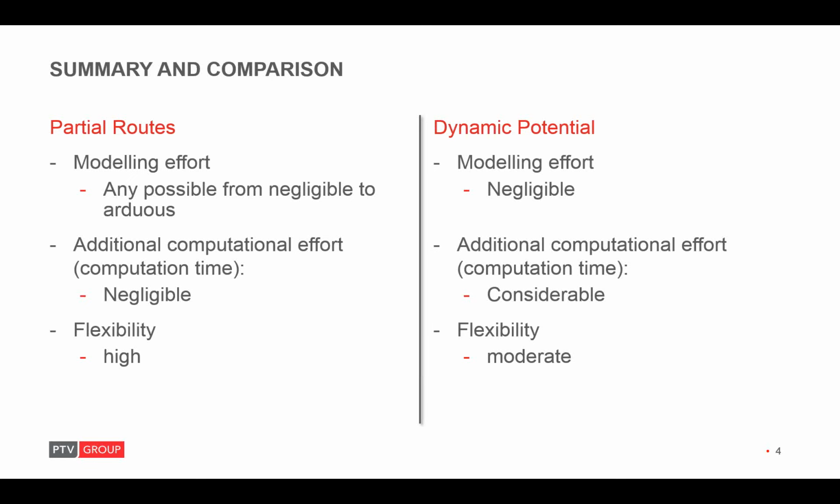It's always the same. The additional computational effort for partial routes is negligible. You won't really realize that the simulation is running slower, while when you use the dynamic potential in large models with large areas and you have many dynamic potentials, you will see that the simulation runs considerably slower.